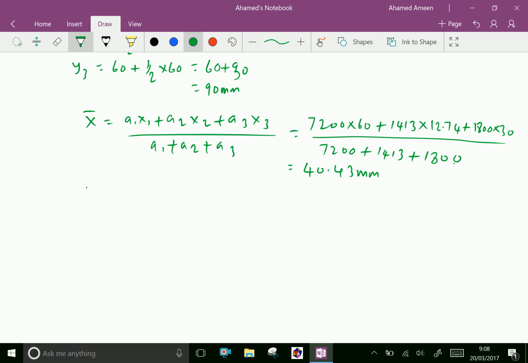Similarly, y bar equals A1 y1 plus A2 y2 plus A3 y3 over A1 plus A2 plus A3.